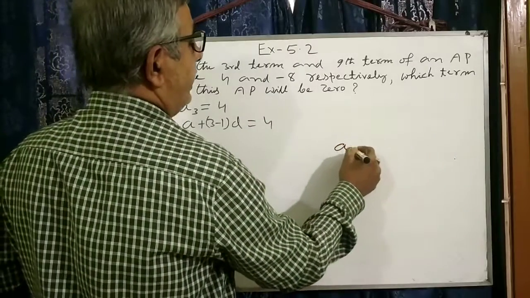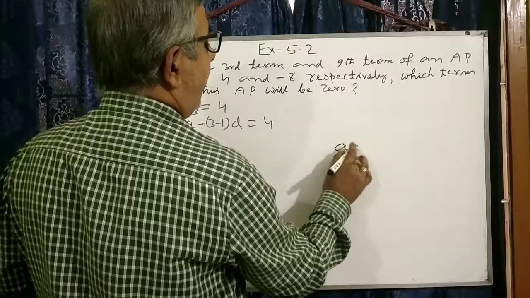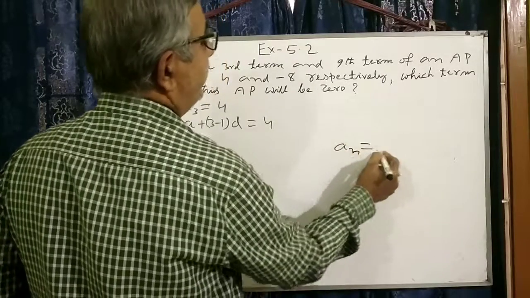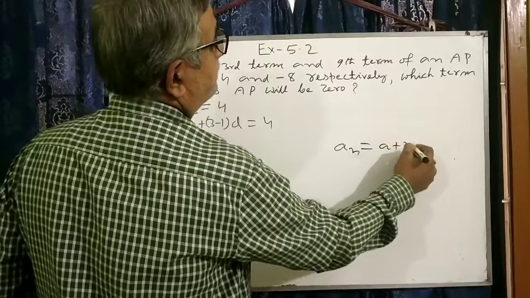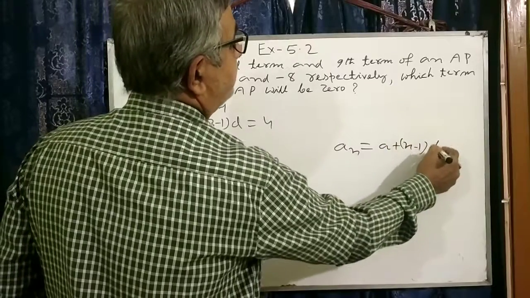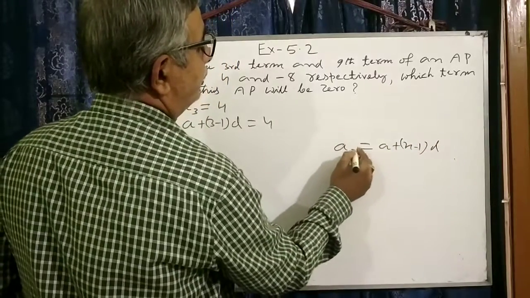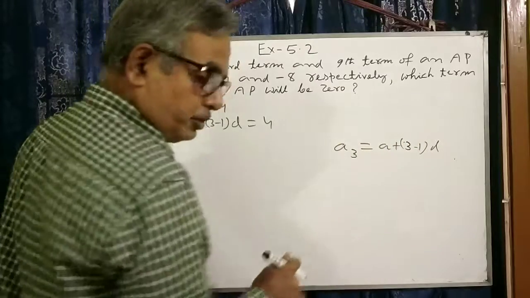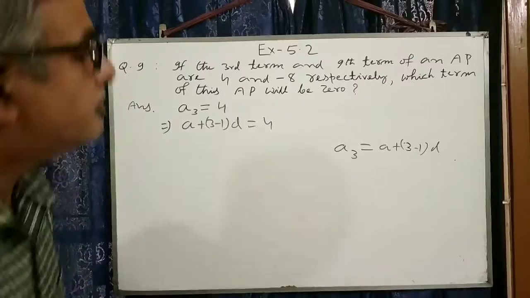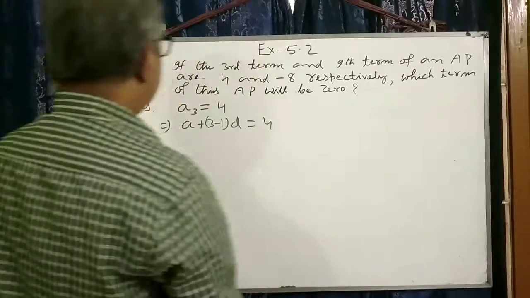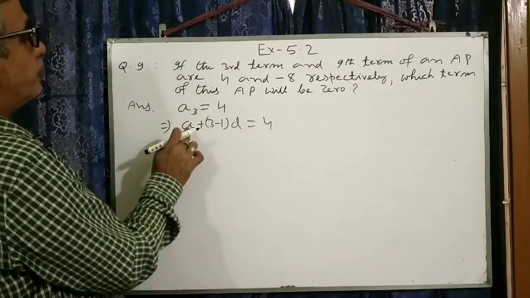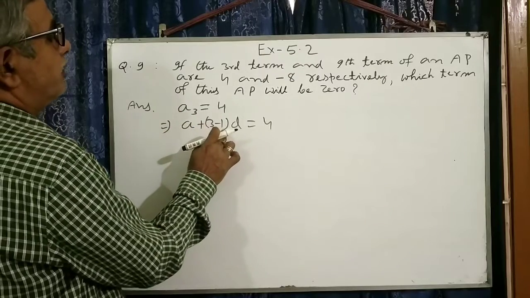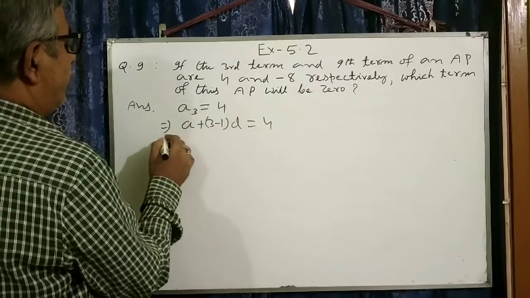Separately you see, if I am telling you to find out an, so what formula you are using? An is equal to A plus n minus 1 and d, here n is 3. So, my dear students, here you got A3 is equal to 4. So, instead of A3, you are supposed to write A plus 3 minus 1, d is equal to 4.